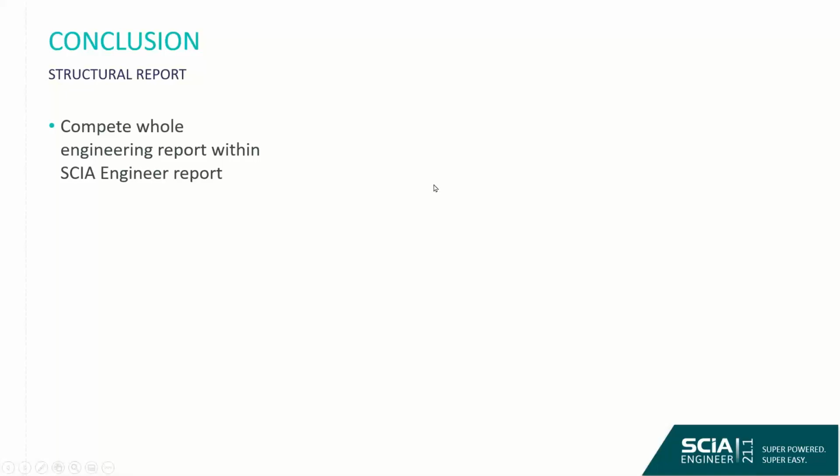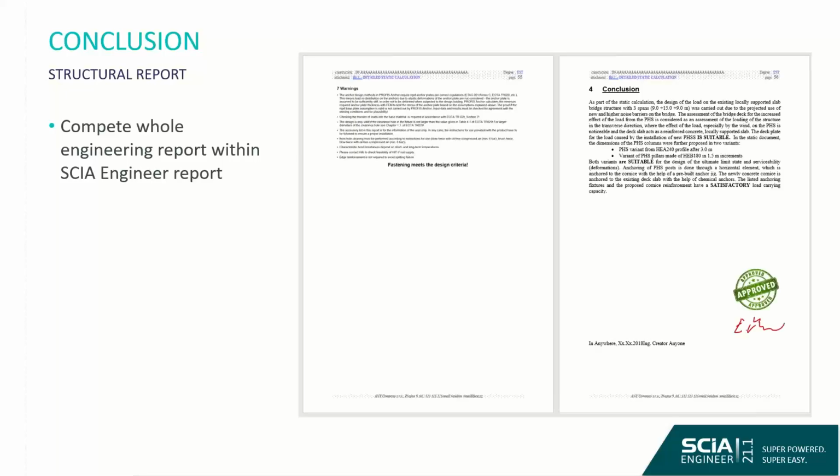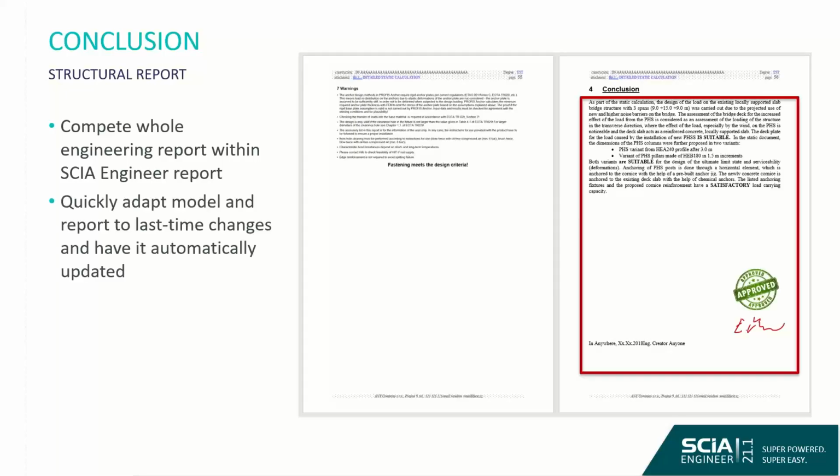But what's the conclusion of this high-level overview? You can complete the whole engineering report within SCIA Engineer. You don't need to create or export a Word document to continue your work there. You can really finish everything within the SCIA Engineer application, and you can quickly adapt the model and also get an updated report when changes are done.